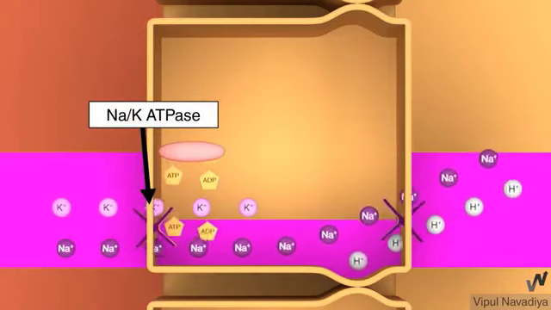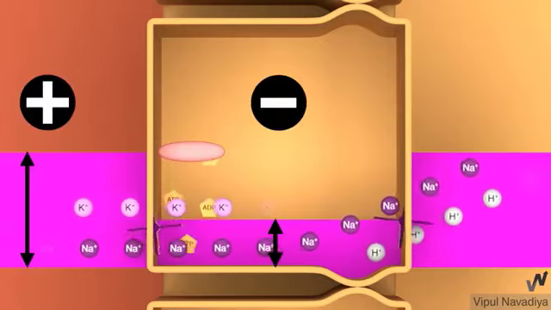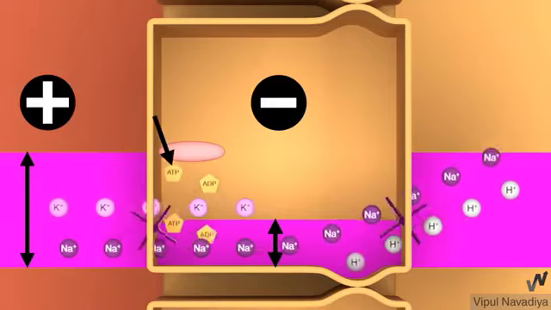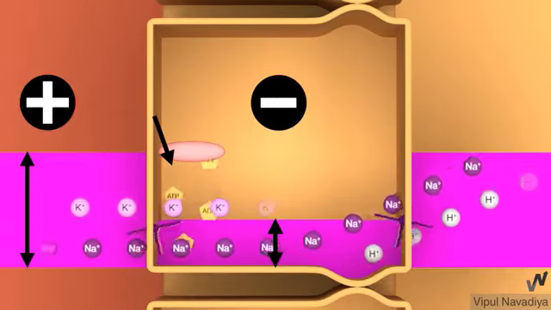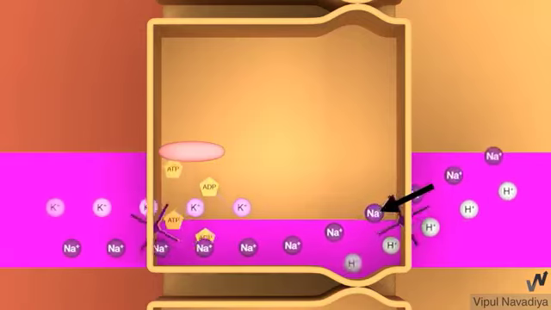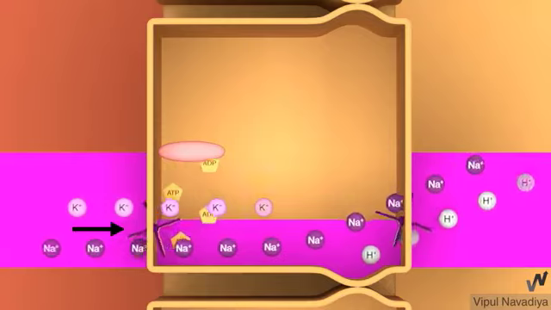In the basolateral membrane, there is the Na-K-ATPase. This occurs actively because it is against the electrical and concentration gradient, because of the negative intracellular charge and positive interstitial charge. This process needs energy from the mitochondria.